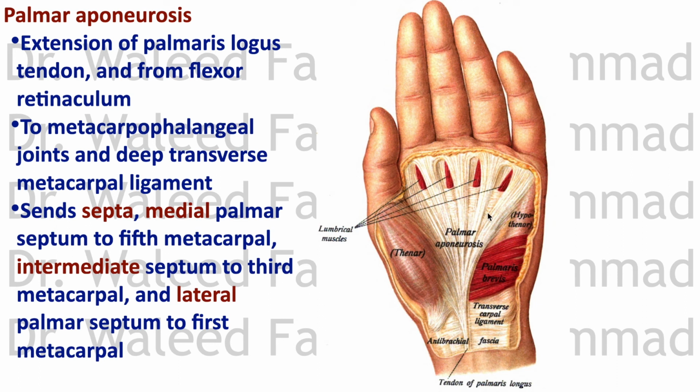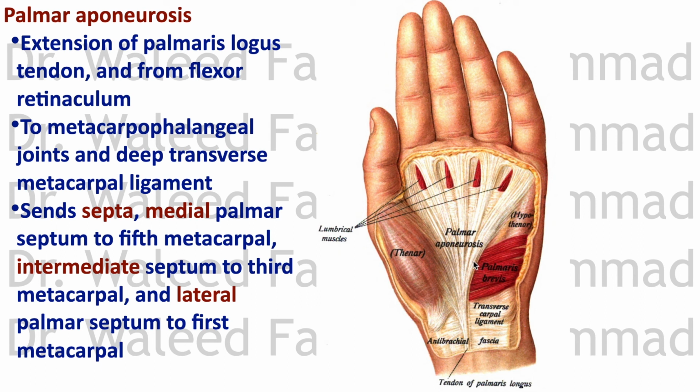It extends to the metacarpophalangeal joints and deep transverse metacarpal ligament, and sends septa perpendicular to the hand, medial to the fifth metacarpal, intermediate to the third metacarpal, and lateral to the first metacarpal. This divides the hand into spaces.